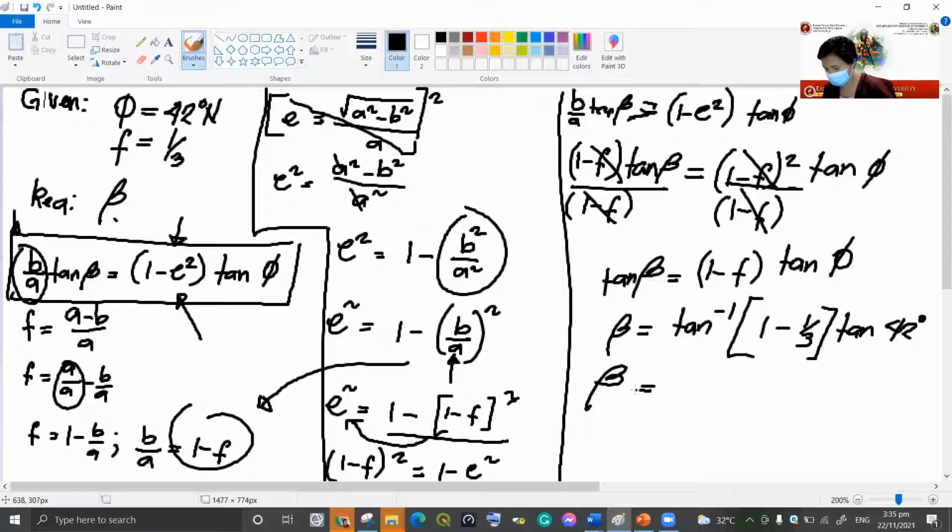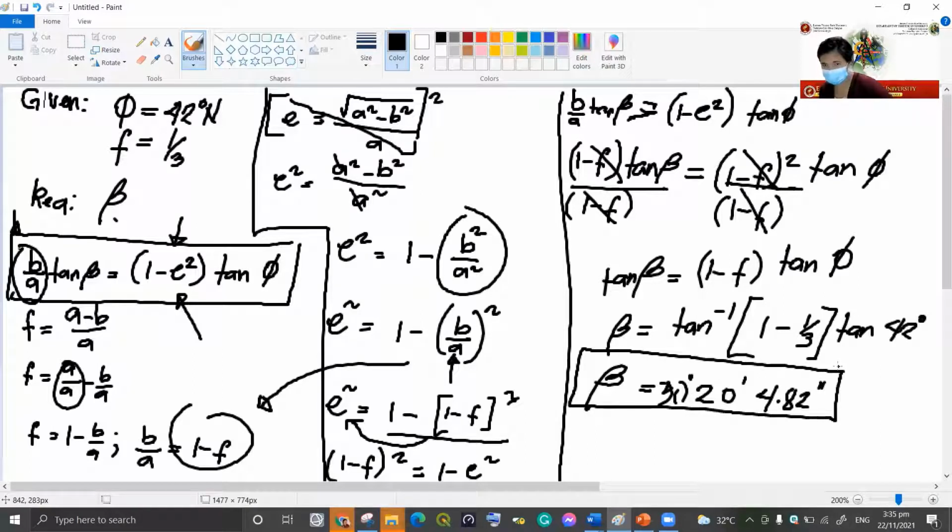So that is equal to 30 degrees, 20 minutes, and 4.82 seconds. Again, that is 30 degrees, 20 minutes, and 4.82 seconds. So let's just double check our answer if this is correct. Okay, I think this is correct.